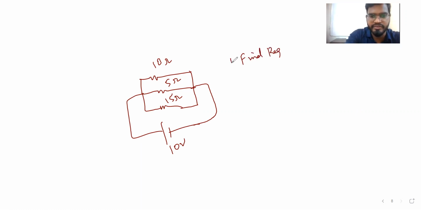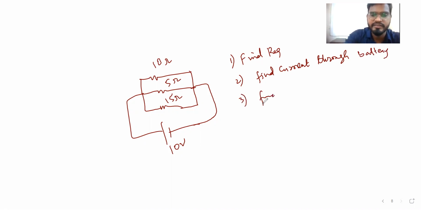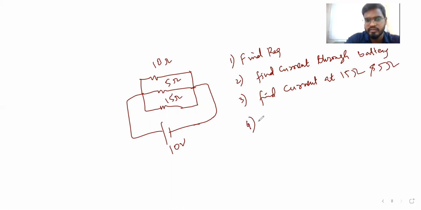Second, find current through the battery. Third question, find current at 15 ohm and 5 ohm. Fourth one, find voltage at 5 ohm. Okay, let's see.